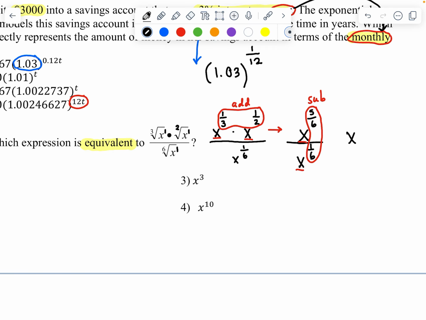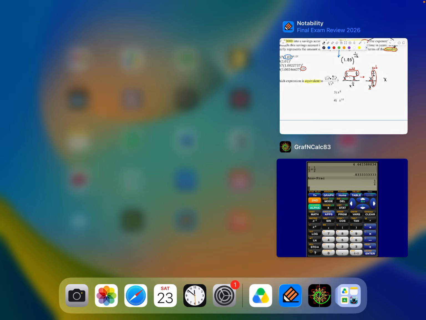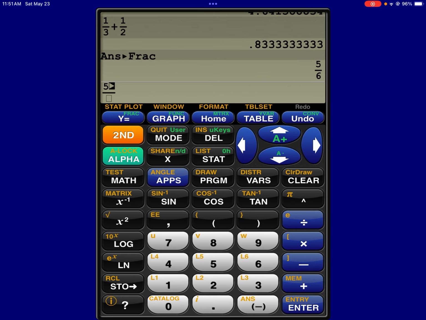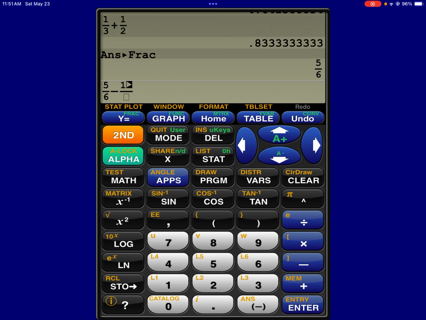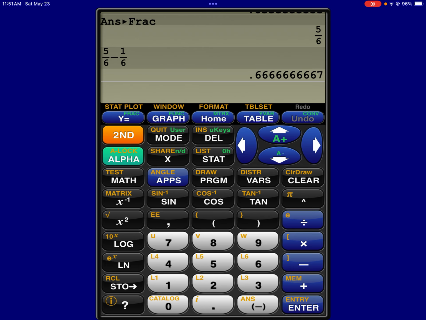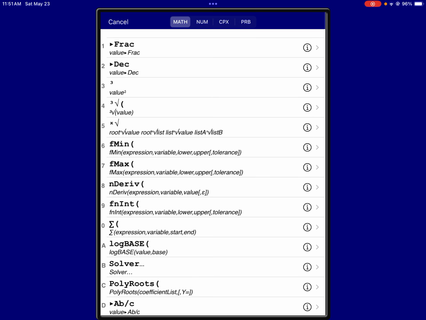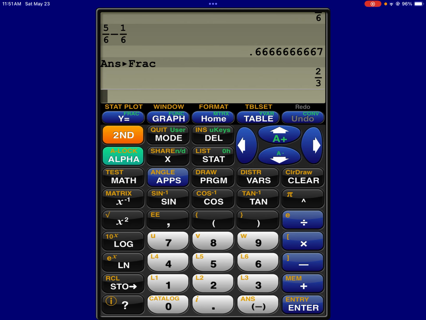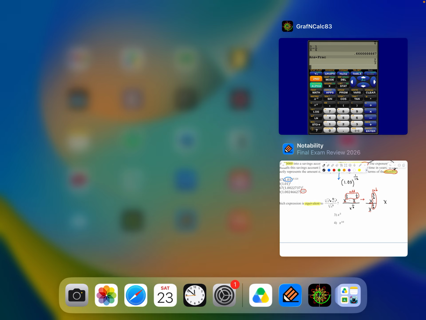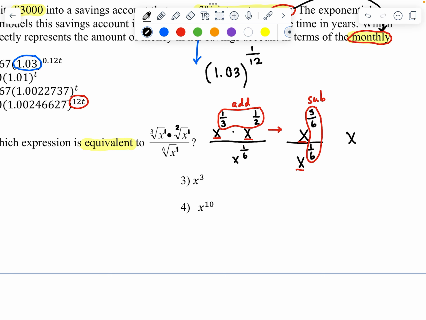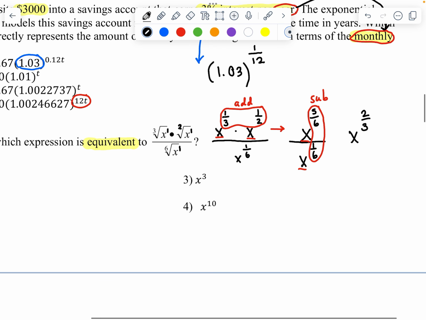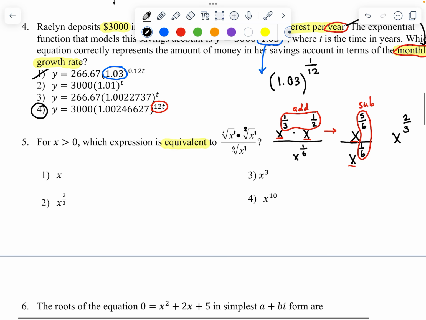So now let's take 5/6 and subtract 1/6. And if I press math, I can change that to a fraction, and I get 2/3. There we go. And I do see that option there, and it is choice 1.